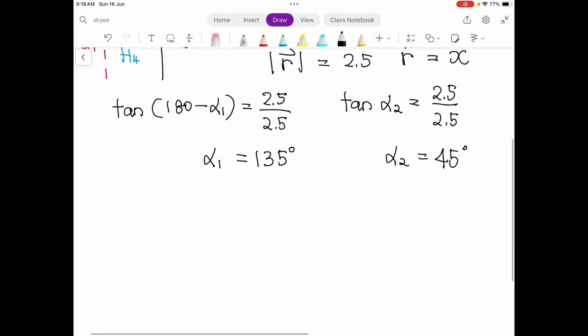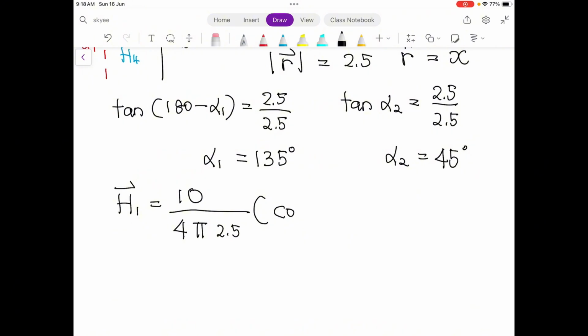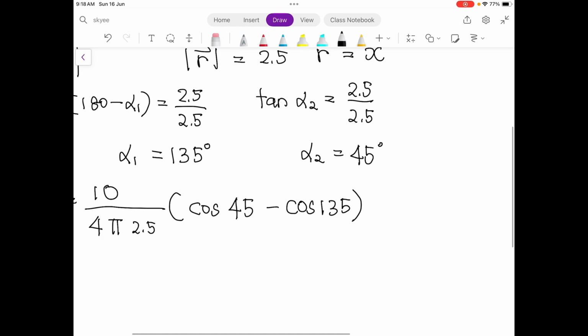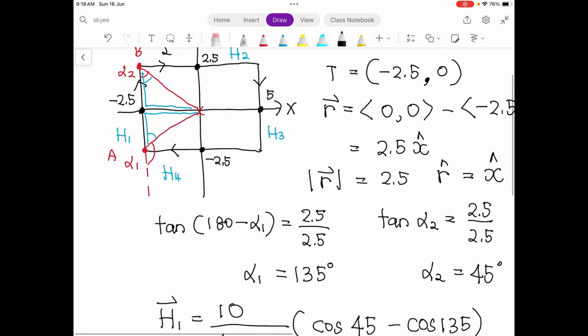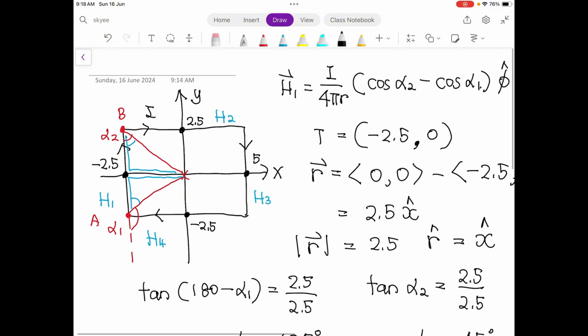And now for H1, you can replace the values: 10 over 4 pi times 2.5, and cos alpha 2 minus cos alpha 1, and the phi is equal to dl. For dl here, I assume the direction of the current is in the y direction.